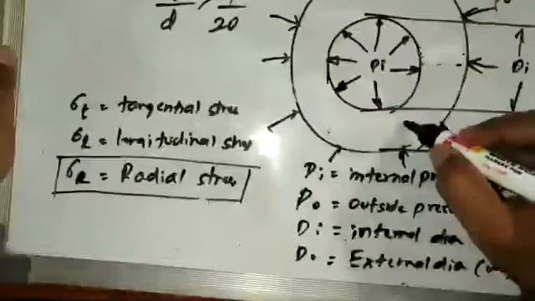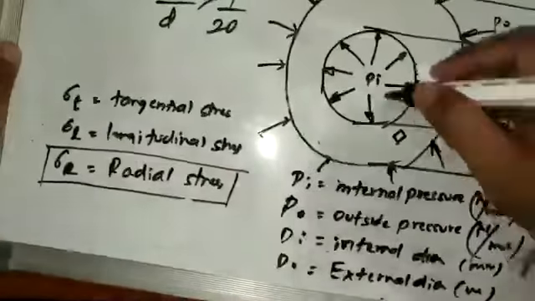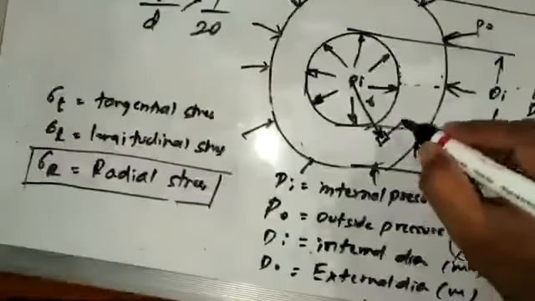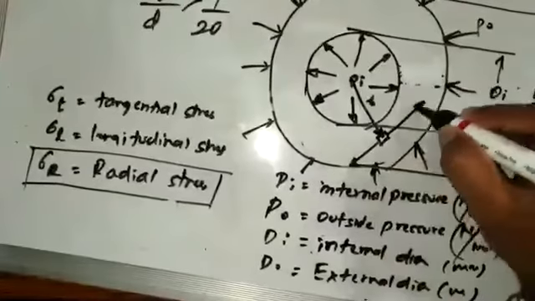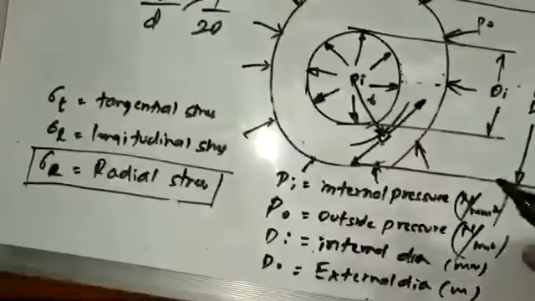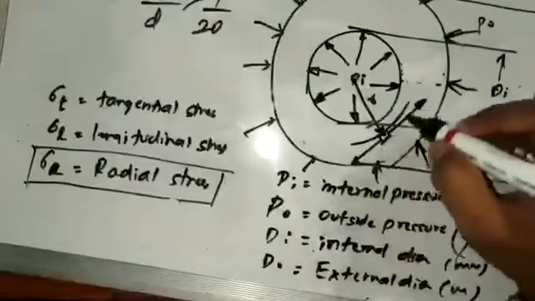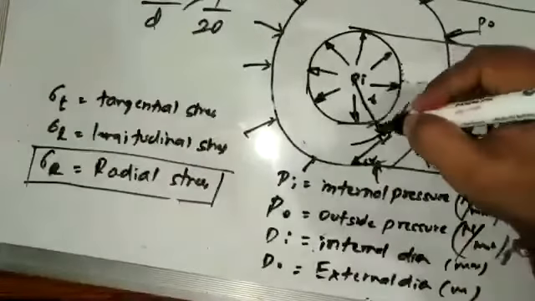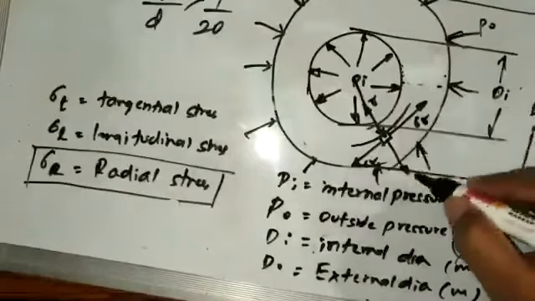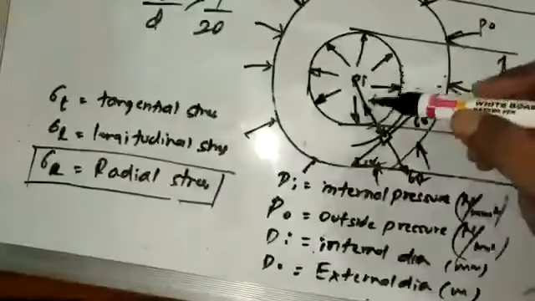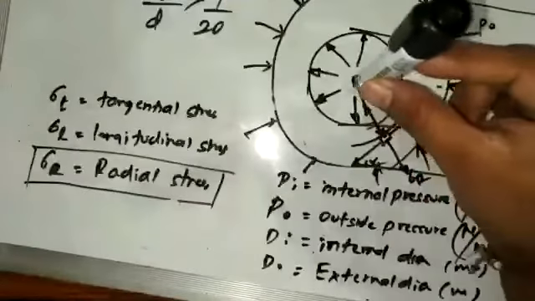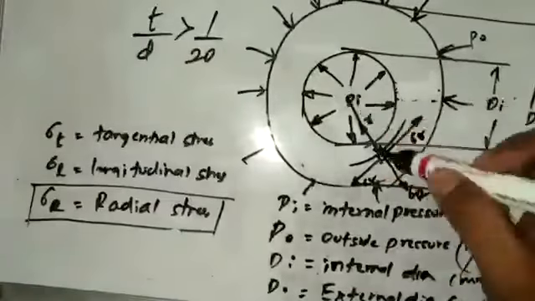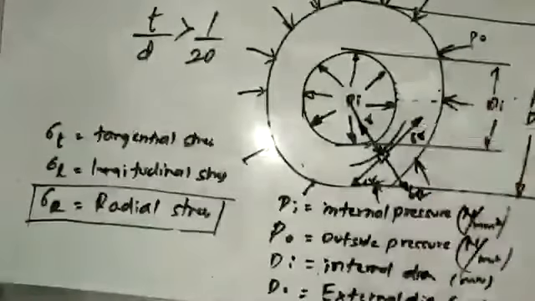Tangential stress is a stress. Say, for example, you consider one element at a distance r from the center. If you draw a tangent to that particular radius, these stresses will be the tangential stress, sigma t. The radial stress will be in the direction perpendicular to that, and the longitudinal stress will be perpendicular to this board. So in x, y, z, all three directions, the stresses will be there.